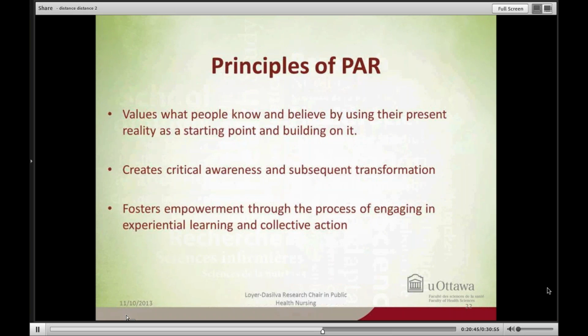So the principles of PAR values what people know and believe by using their present reality as a starting point and building on it. It creates critical awareness and subsequent transformation. It fosters empowerment through the process of engaging in experiential learning and collective action.